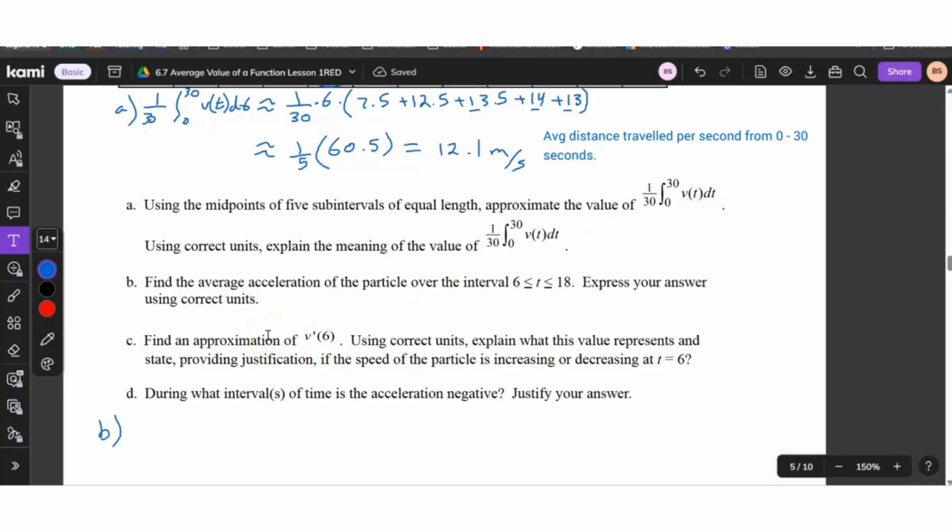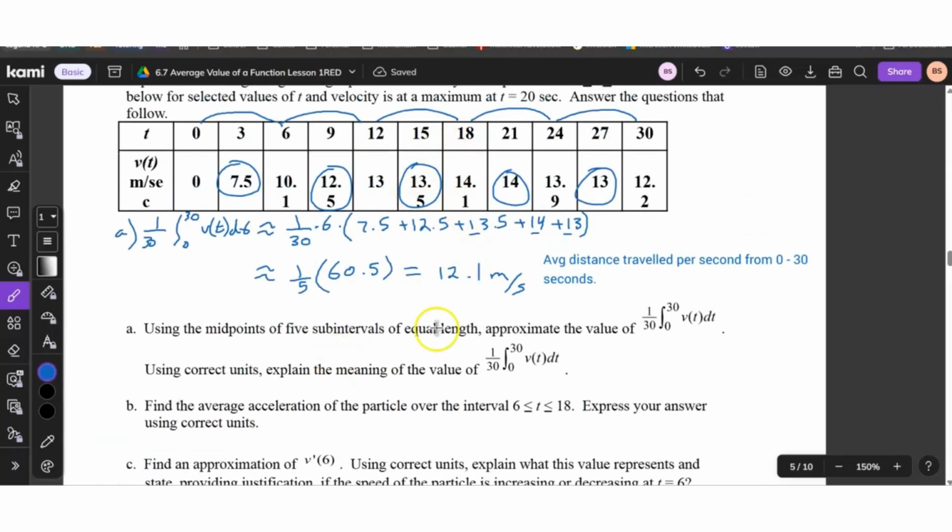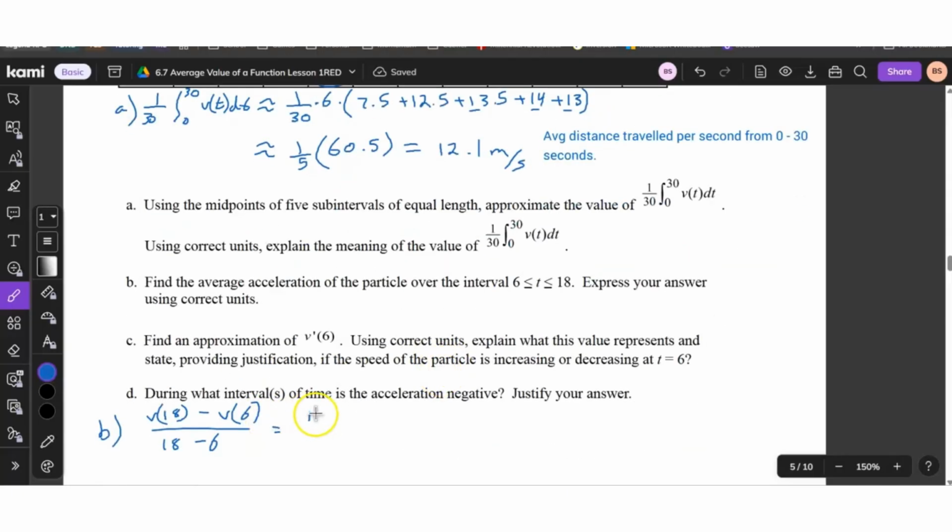And this one was just a secant line question. So we're going to find V of 18 minus V of 6 over 18 minus 6. V of 18 is 14.1.